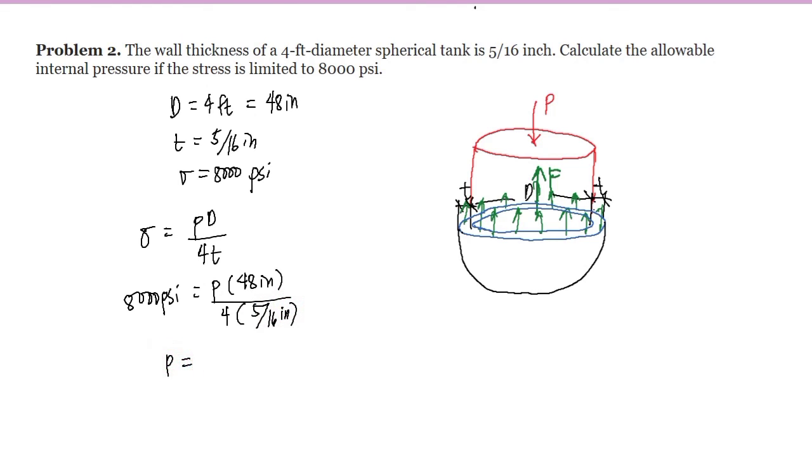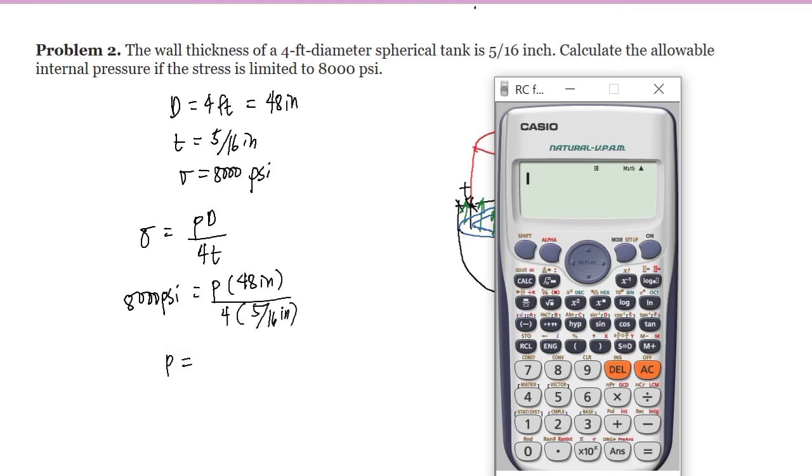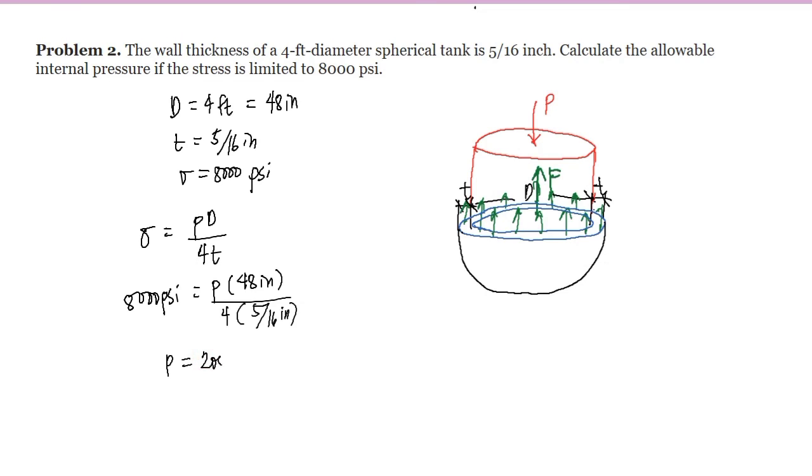So if we are going to compute for the allowable internal pressure, then we will have 8,000 is equal to pressure times 48 over 4 times 5 over 16. Shift solve equals, and we would have 208.33 psi. So this is equal to 208.33 psi, and this is our answer.